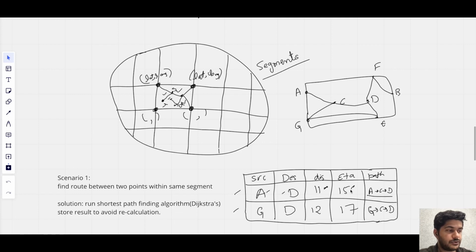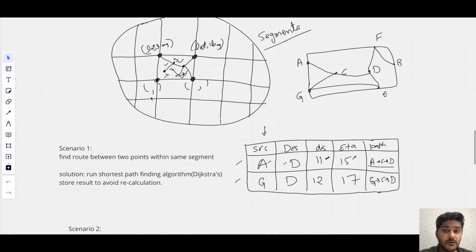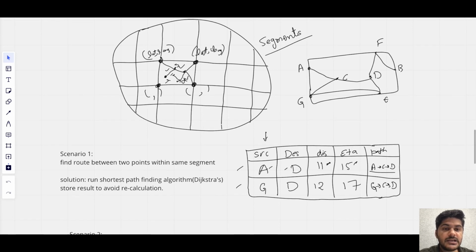So if you did this pre-processing already, and you created this kind of data in your database for each segment, then if somebody is querying for any point to any point within the same segment, it is just a straightforward call for you.